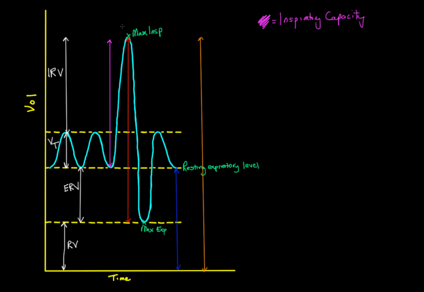So if you take the biggest breath in you can, and then exhale the biggest breath out you can, that volume which you exhale out after taking in the biggest breath you can is your vital capacity. Okay, so it's the biggest breath out after the biggest breath in, and it's called a vital capacity. So it goes from max inspiration to max expiration, and this is called, as we mentioned, vital capacity.